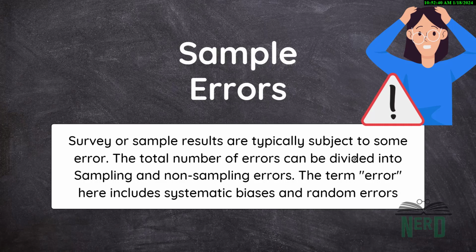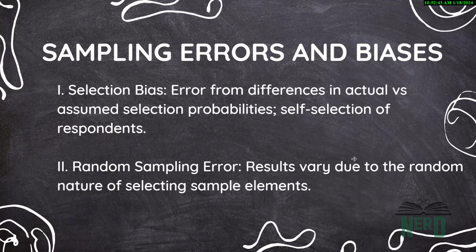Now it has some types also. One is sampling error and bias. Imagine you're trying to take a group photo, but only some people show up. That's kind of what happens here also. These errors pop up because of the way we pick who's going to be in our survey. Next is when only the folks who love the camera jump into the photo.